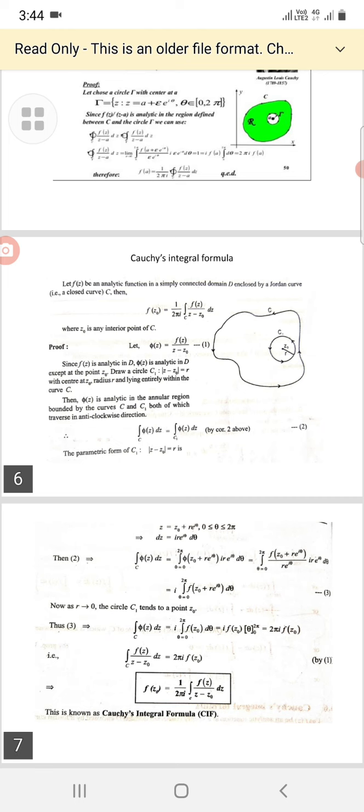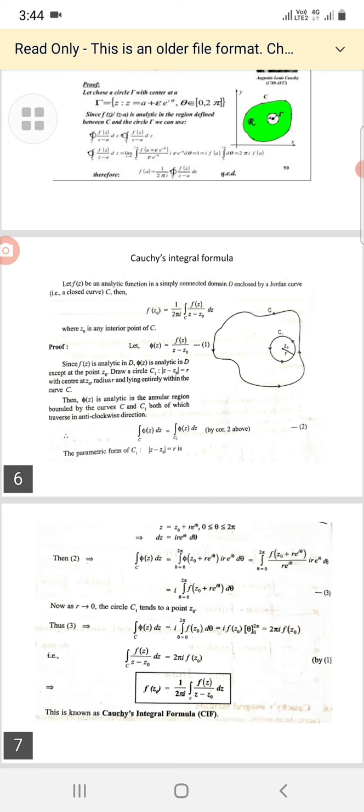Phi of z is what we defined in equation 1, f of z divided by z minus z0. Using that, z is z0 plus r e to the power of i theta, so we get f of z0 plus r e to the power of i theta divided by r e to the power of i theta, into i r e to the power of i theta d theta.